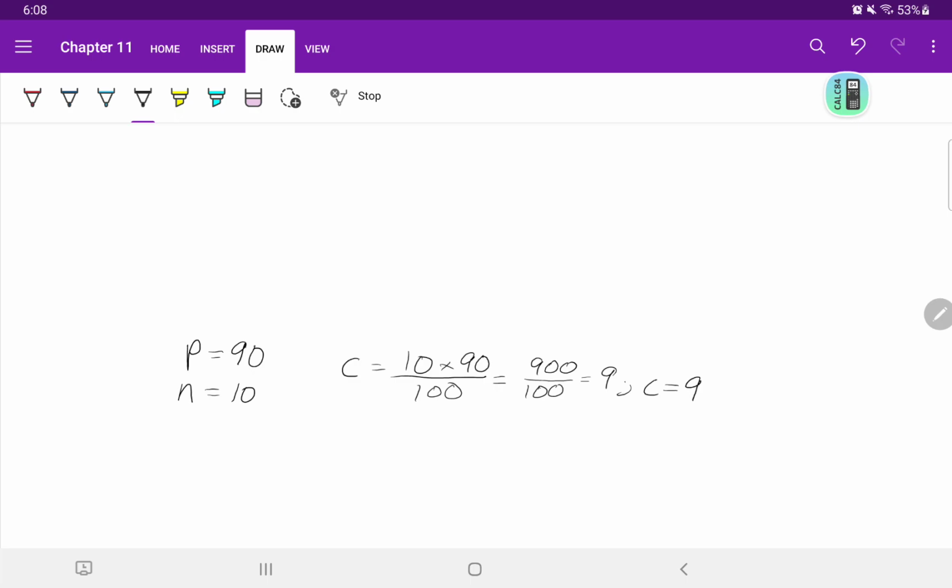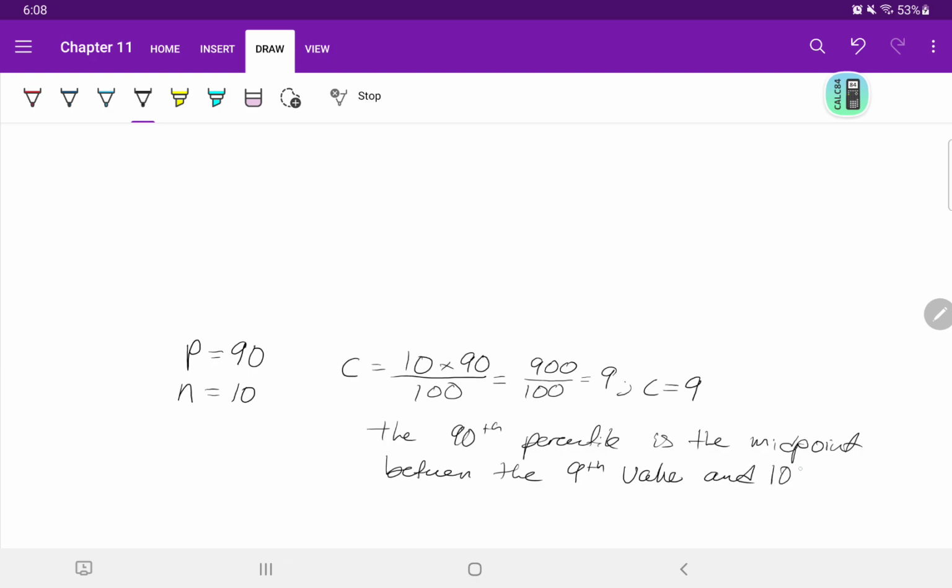Since C is a whole number, the 90th percentile is the midpoint between the 9th value and what comes after 9? 10.